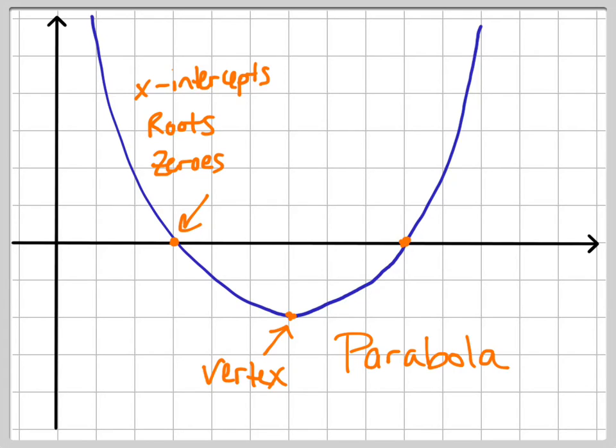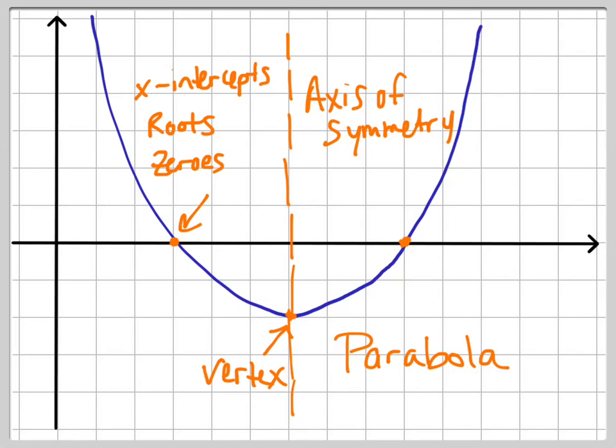And then another key feature is the fact that a quadratic function or a parabola is symmetric, and so we have this line down the center, and this is called the axis of symmetry. So notice that that's a vertical line, so its equation would always be something that's x equals some number.